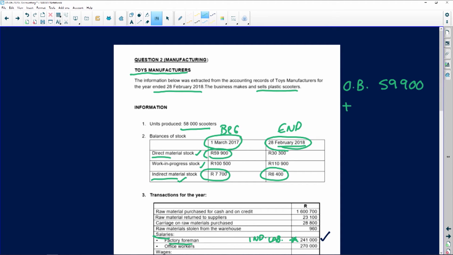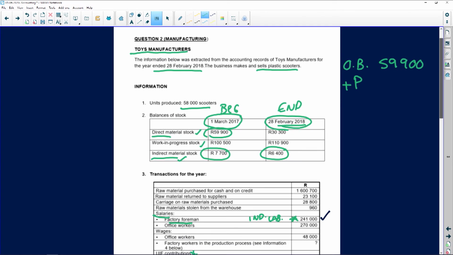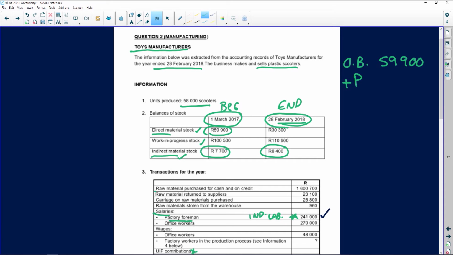To this, you are then going to add your purchases. Okay, so looking at the information given, right, and I'm now looking at my table, raw materials purchased for cash and on credit, 1,600,700. So that's my purchases, 1,600,700. Okay, all about knowing your format, guys.